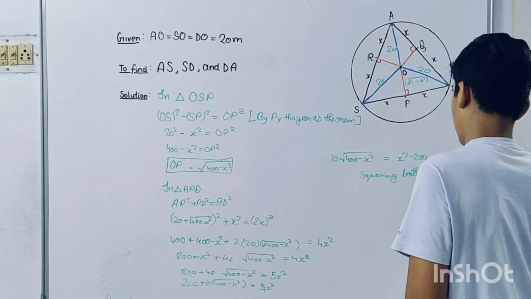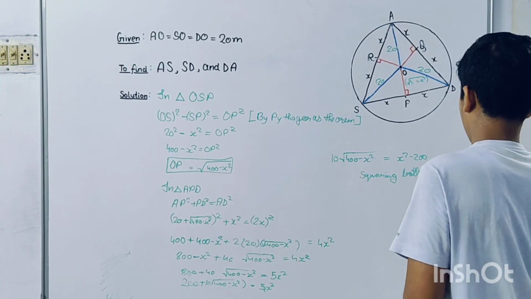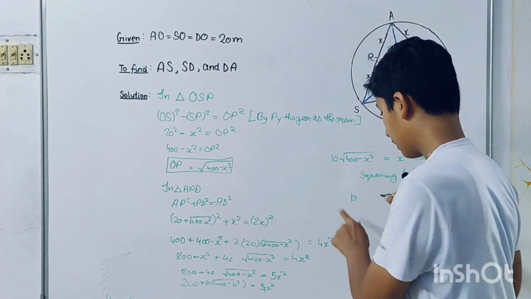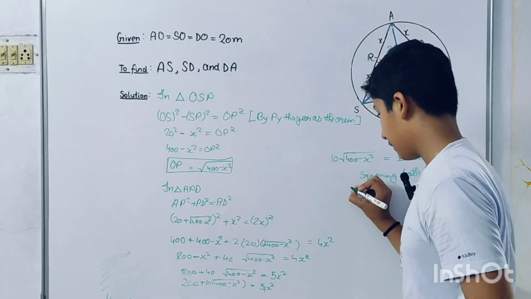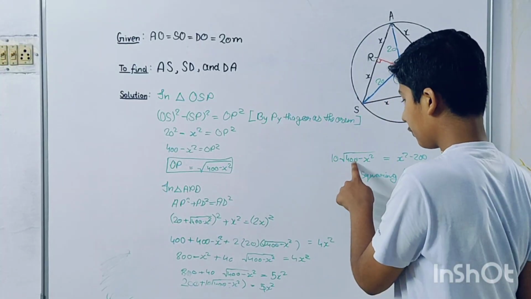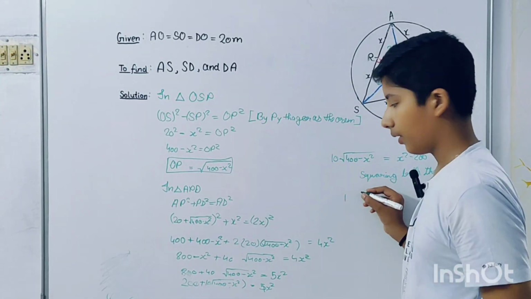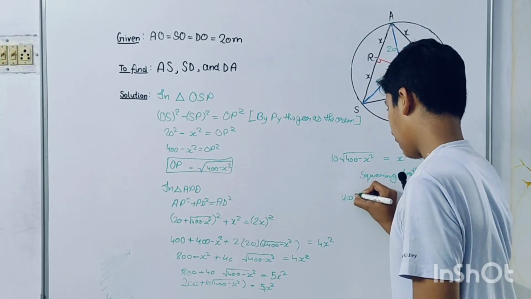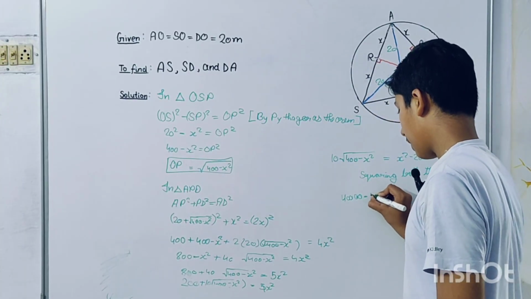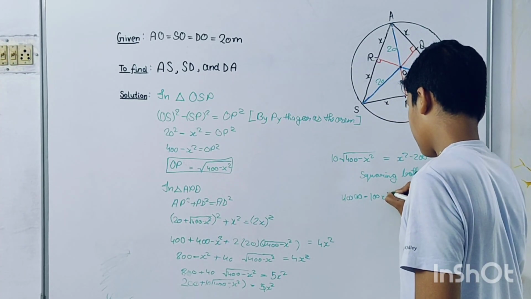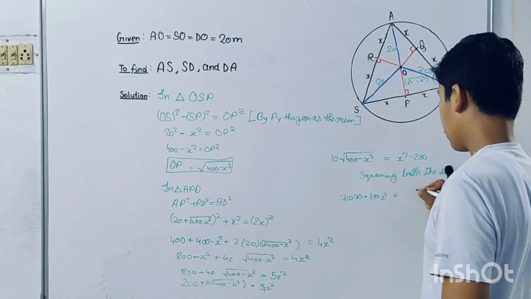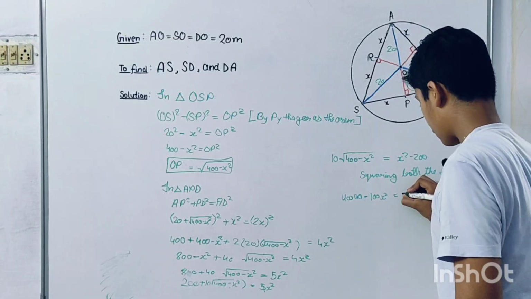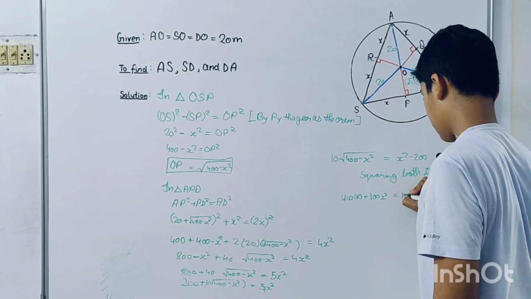Since 10 square will be 100, 100 into 400 minus x square, so it would be 40,000 minus 100 x square equal to x square minus 200 whole square.